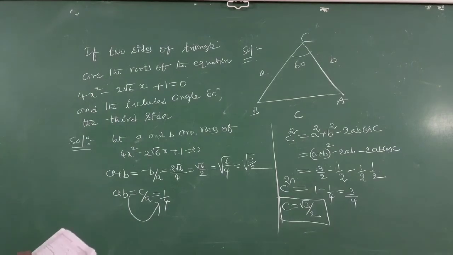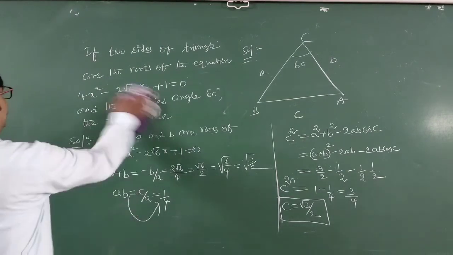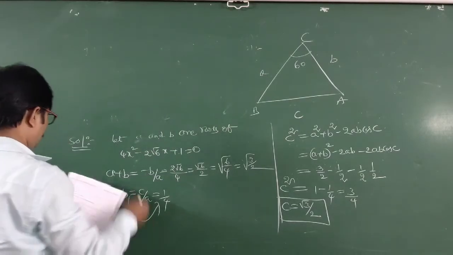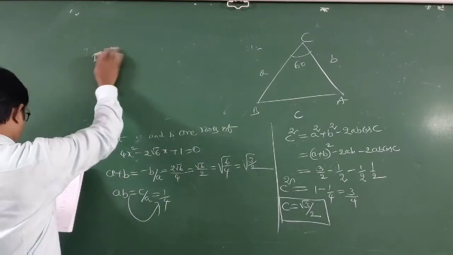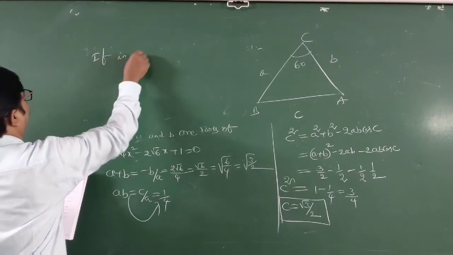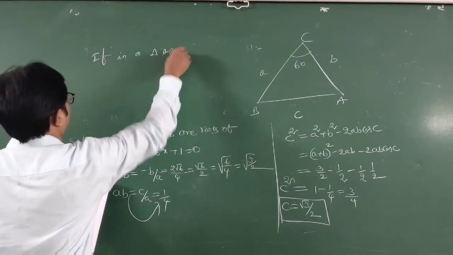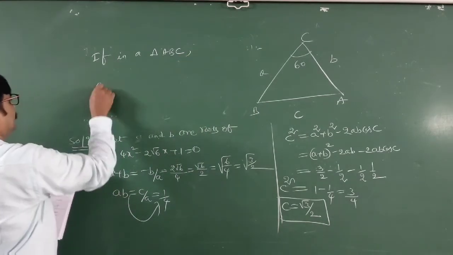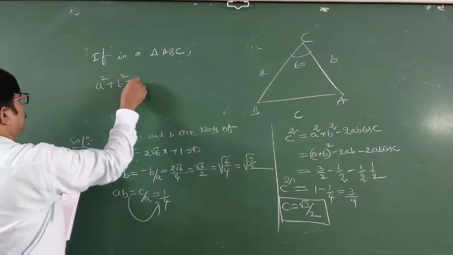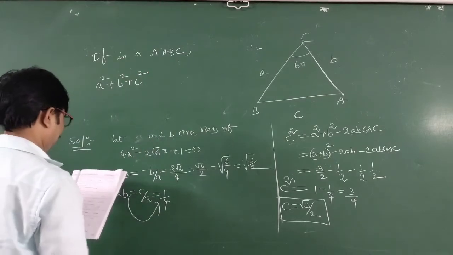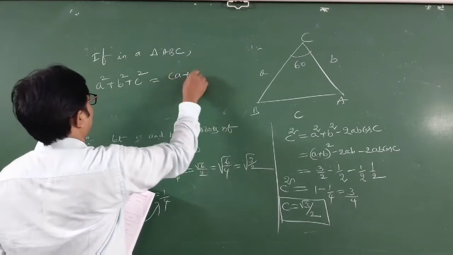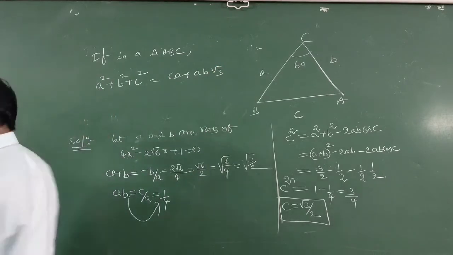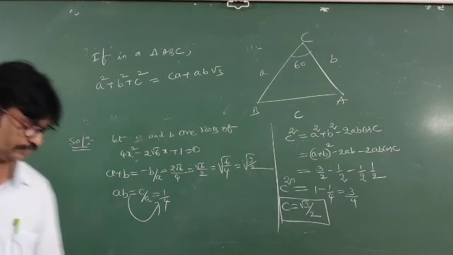Now students, the next one. If in a triangle ABC, a square plus b square plus c square equal to ca plus ab into root 3, then the triangle is?